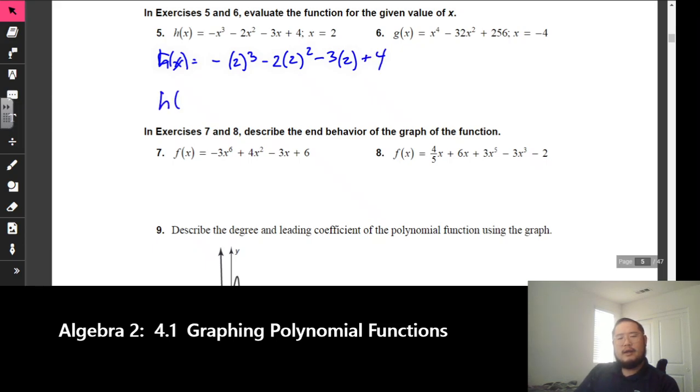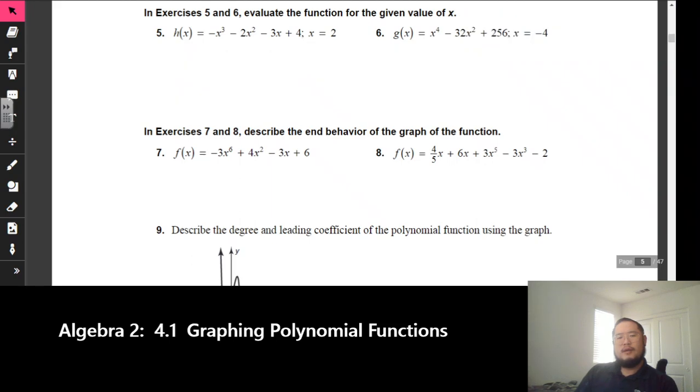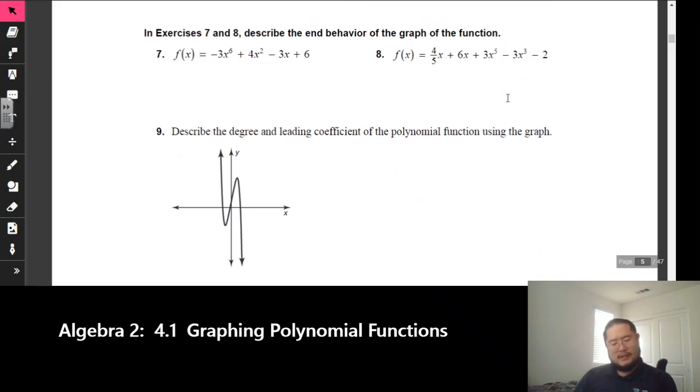So right here, h of x, you might want to pause it for a moment before I give you the answer, but what you should end up with right here is negative 18. So big thing is make sure that you either know your order of operations or you put parentheses around things when you plug it in.